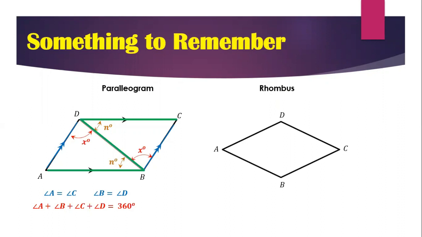The characteristic of the rhombus is angle A will be equal to angle C. And angle B will be equal to angle D. That's the concept of the rhombus, the properties of the angles of a rhombus.